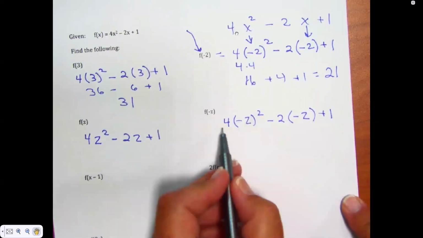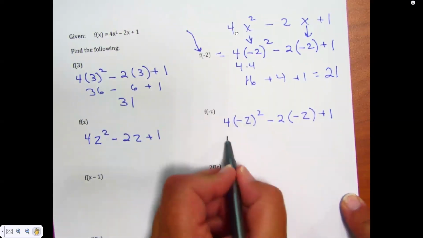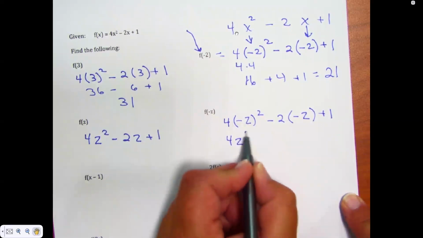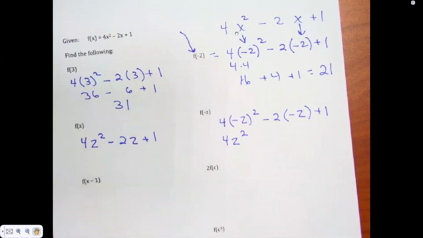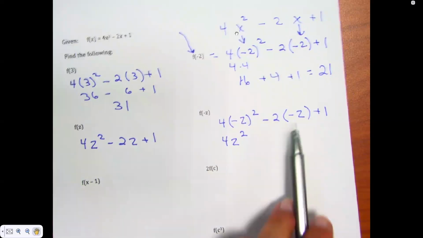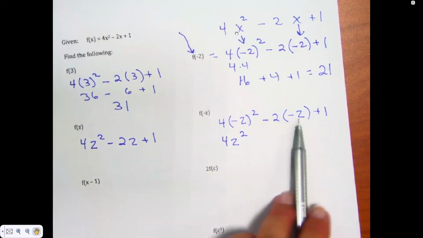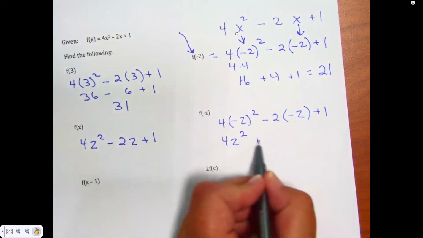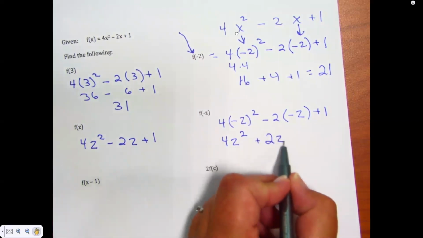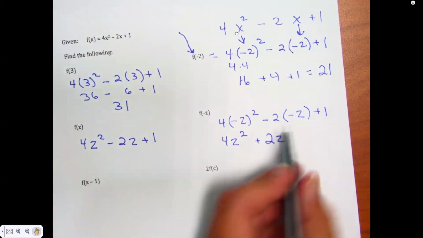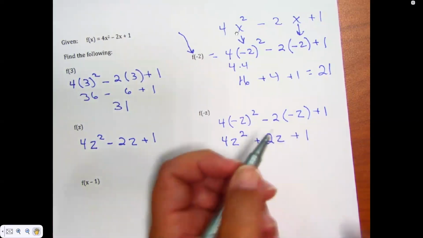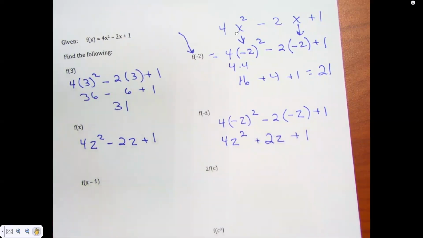So a better way to write this, we can go ahead and make it 4z squared. That negative does get squared, and so it does go to positive. 2 negatives gives us a positive, so plus 2z. And then the plus 1. Okay, so we can do a little simplifying there.